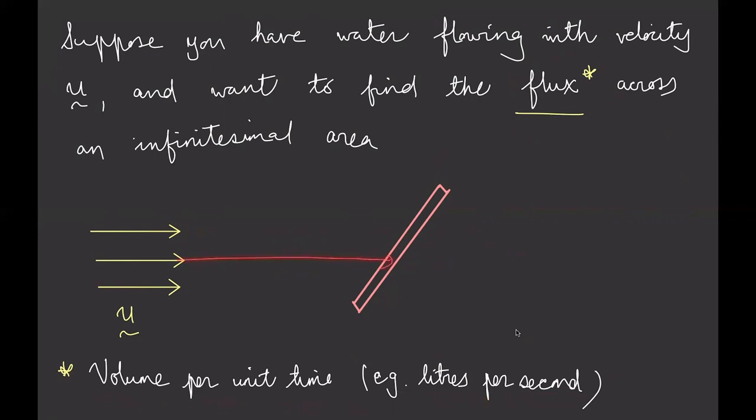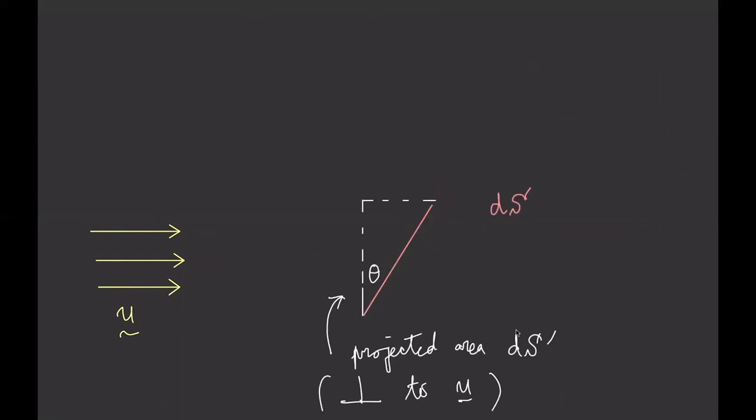Even though now I'm thinking of this as a picture frame, in general you can think of this as an imaginary picture frame, something which doesn't actually exist there, and you can still calculate the flux going across that. My picture frame, this is just one side of it. The rest of the picture frame goes downwards into the page, and I'm trying to calculate the flux which goes across this.